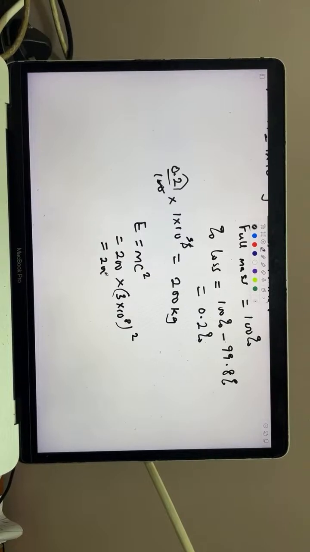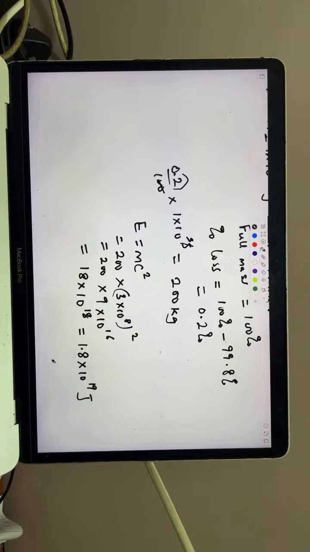So that will be 200 times 9 times 10 raised to power 16. 2 times 9 is 18, so 18 times 10 raised to power 16 with the double zeros increasing it by 2 as well. If we want to write the answer in standard form, that will be 1.8 times 10 raised to power 19 joules. I believe this calculation is clear.